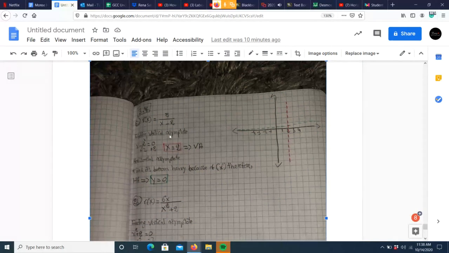Let me type in the chat. Take the leading term, you have 5 divided by x. Now think x goes to infinity, positive infinity and negative infinity. What's 5 divided by infinity?